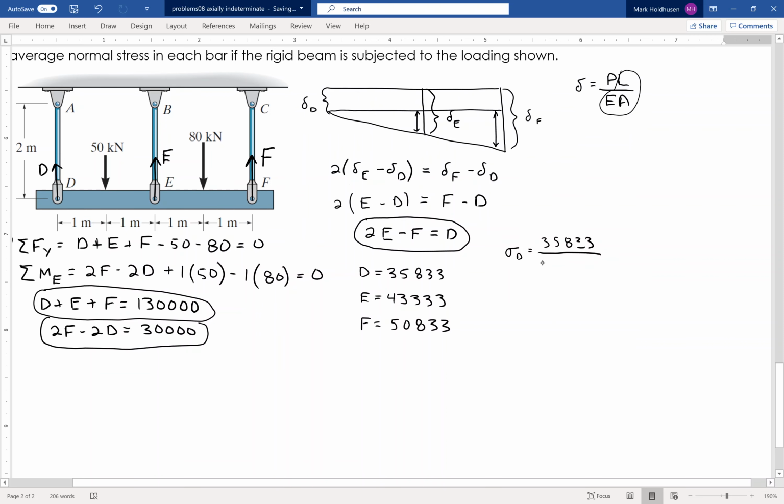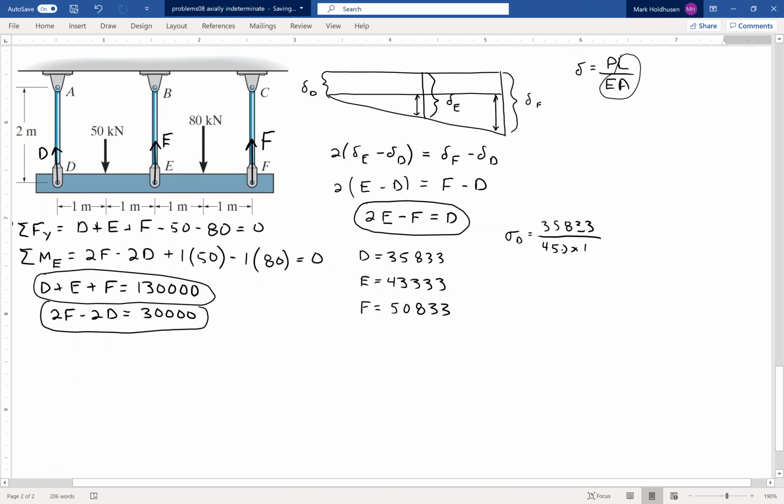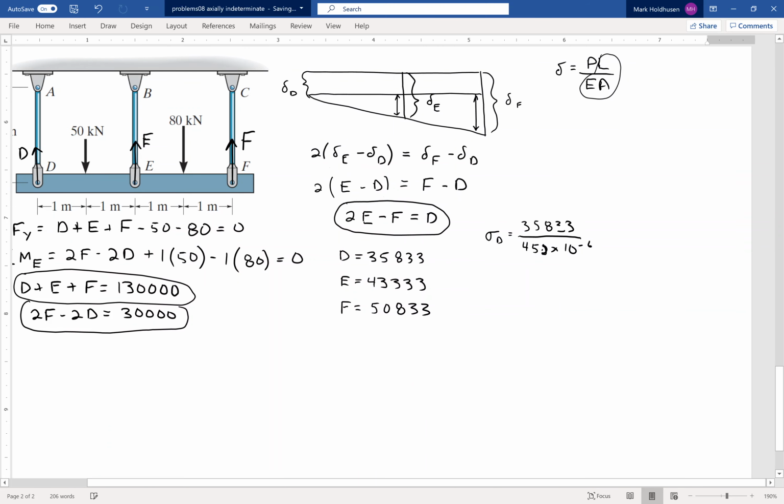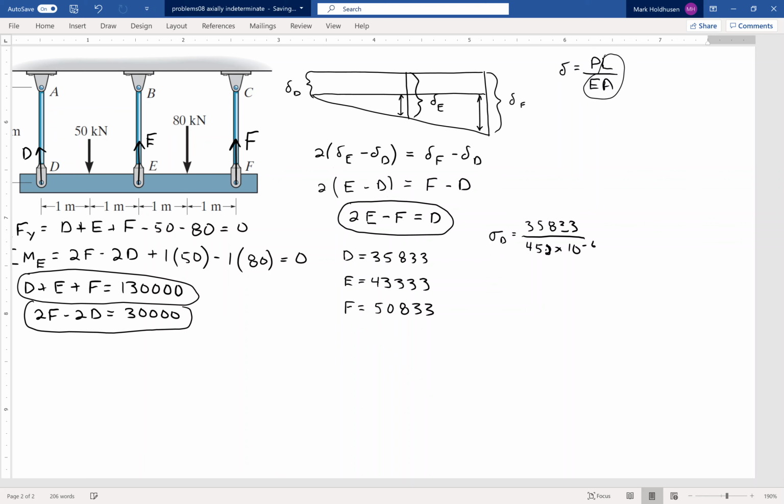So that's actually 450 times 10 to the minus 6, because I want to get that in meters from millimeters. From that, I get that the answer is 9.6 megapascals.